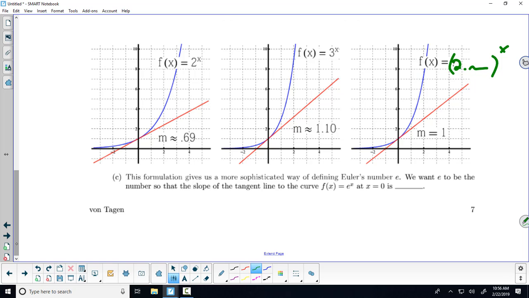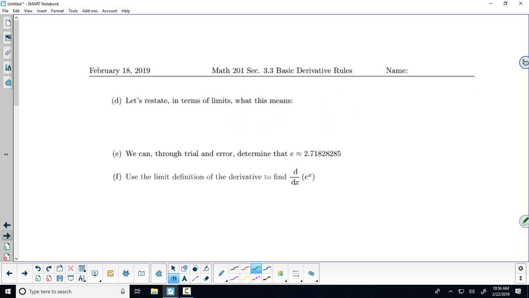I could guess and test to try to find that. I could try 2.5 and I'd be too little. I could try 2.9 and I'd be too big. I could try 2.8 and I'd be too little. So it's somewhere between 2.8 and 2.9. And I could keep checking that, and eventually I would find that the slope that makes that happen is this number right here. Okay?